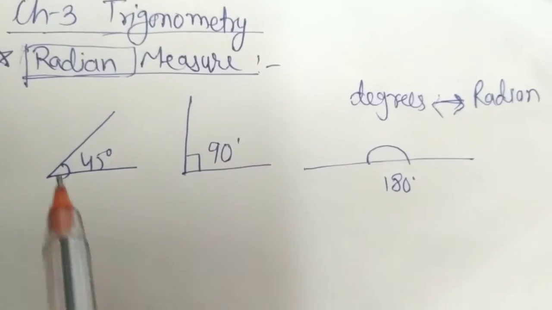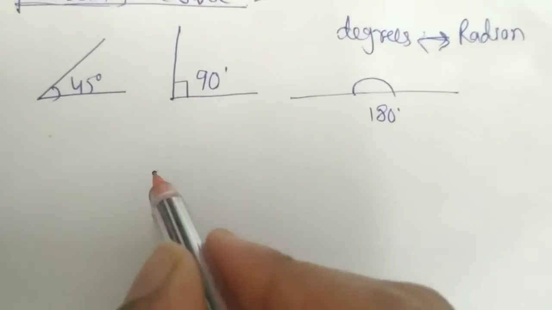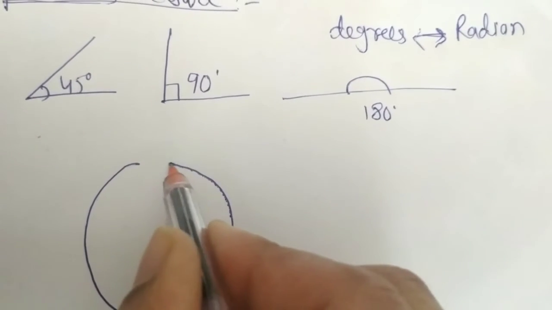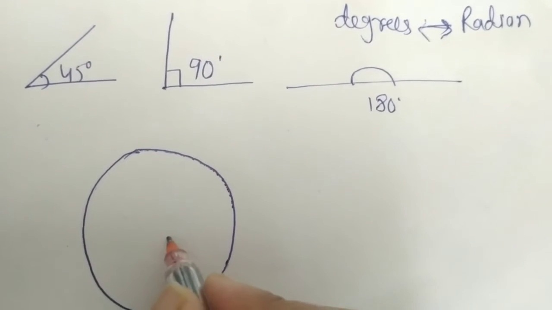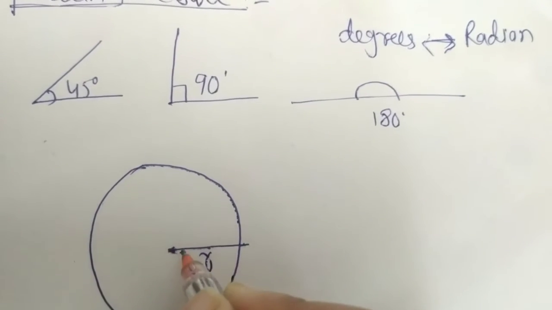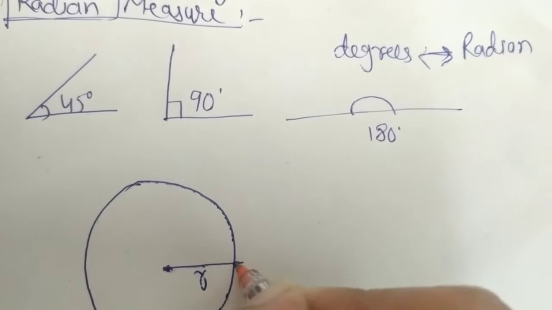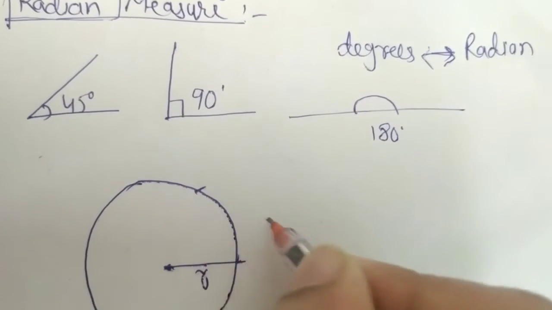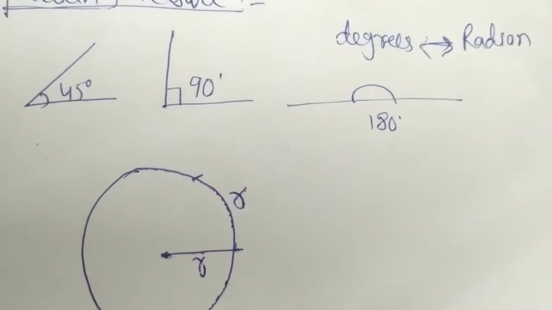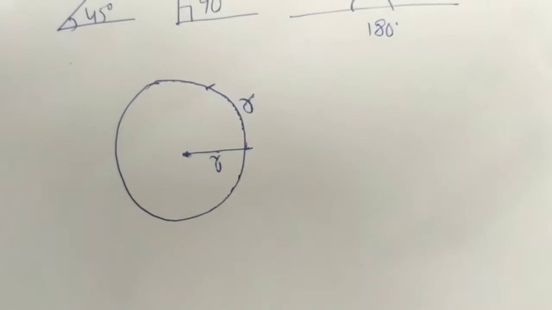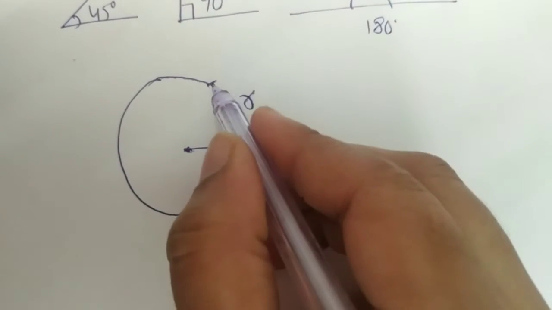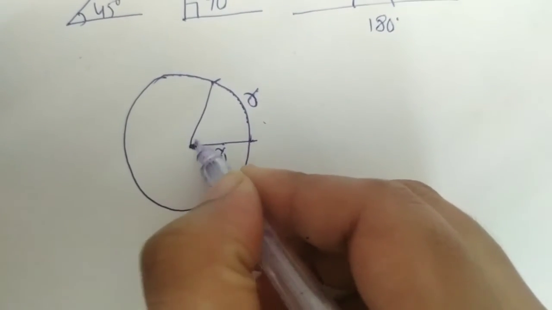Okay. Now what is a radian? Let us draw a circle. This is a circle. This is its radius r, and again we are taking an arc of length r units. The length of the arc is also r units. Joining this, this is again r.